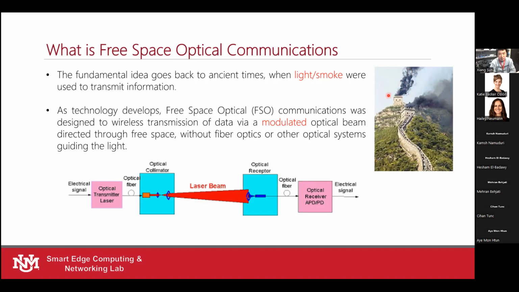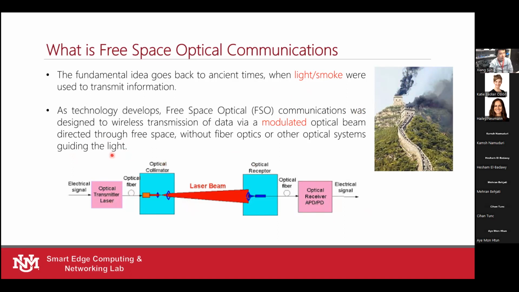As technology developed, FSO communications was designed to wirelessly transmit data over optical beams, which normally propagate through the air. This figure shows a very basic structure of FSO communication.